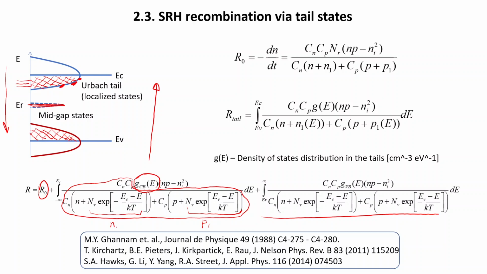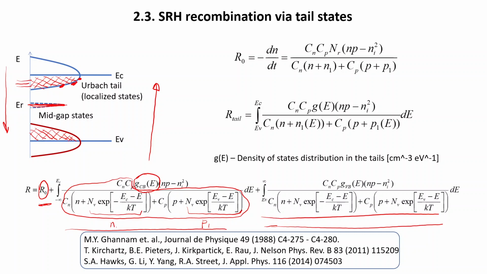So that will give us three contributions: one from the deep single energy level in the band gap, and also the tails at the conduction band and valence band. That all will, in sum, give us the total net recombination rate.